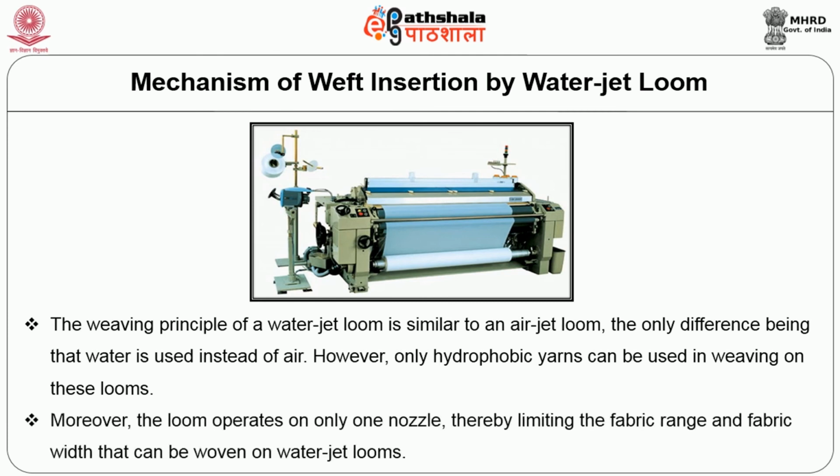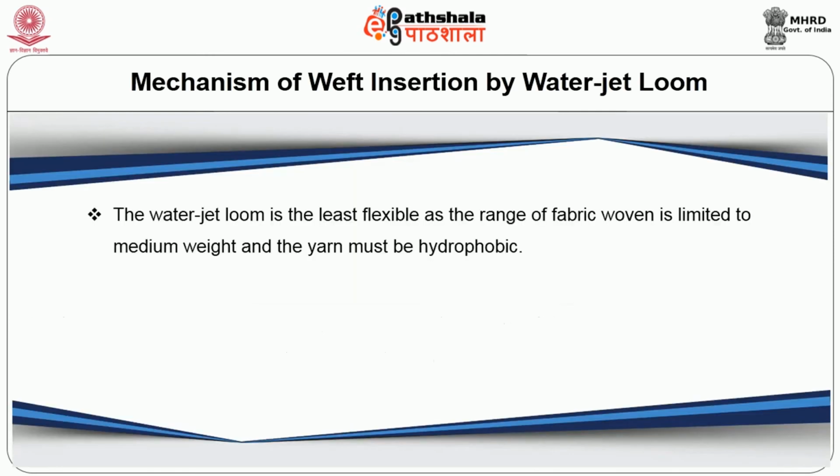Moreover, the loom operates on only one nozzle, thereby limiting the fabric range and fabric width that can be woven on water jet looms. The water jet loom is the least flexible, as the range of fabric woven is limited to medium weight and the yarn must be hydrophobic.